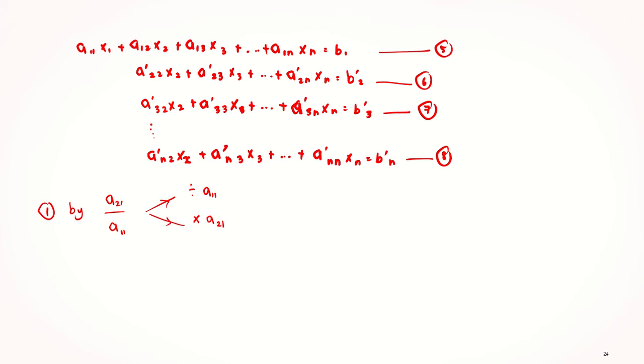And if we try to repeat the second step, where we are going to eliminate the second unknown from equation 7. So this is the second unknown, this one, x2.